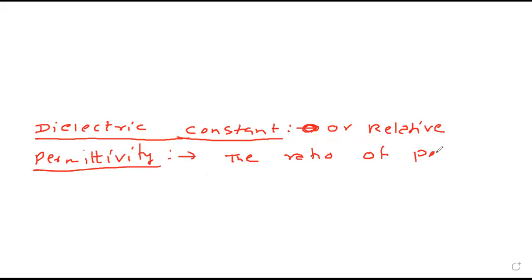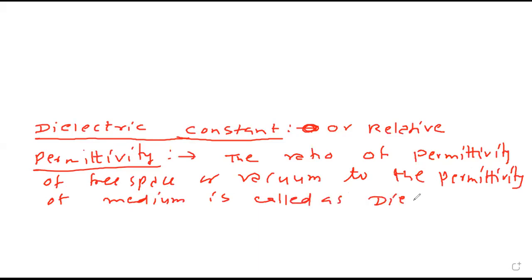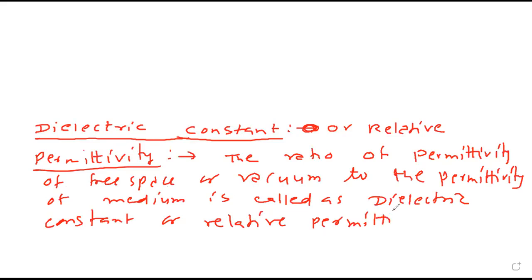The ratio of permittivity of free space or vacuum to the permittivity of medium is called as dielectric constant or relative permittivity.